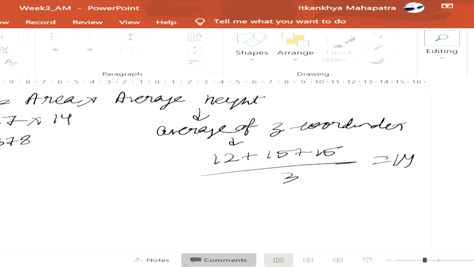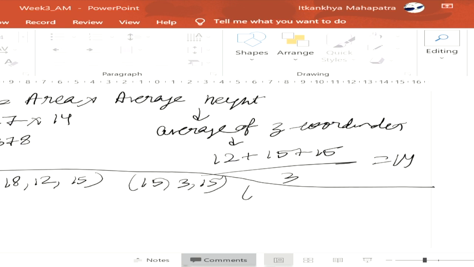Similarly for triangle 2, which had the vertices 18, 12, 15, 15, 3, 15 and 8, 10, 12.